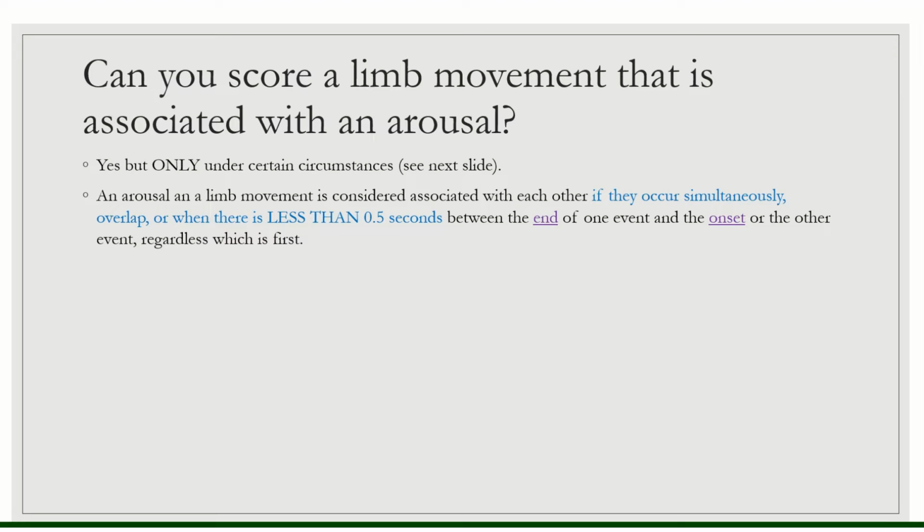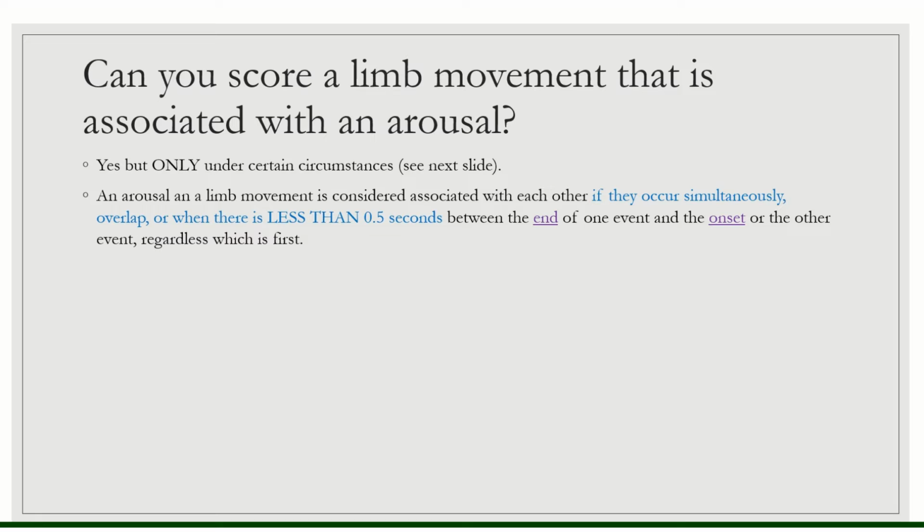Make sure that you write this down. Make sure that you write plenty of note cards, because this whole PowerPoint is going to be a lot of numbers and a lot of things to remember. The best way to remember this is through repetition. I don't want you to get confused between the association of a limb movement and arousal and the limb movements on two different legs being counted as one.